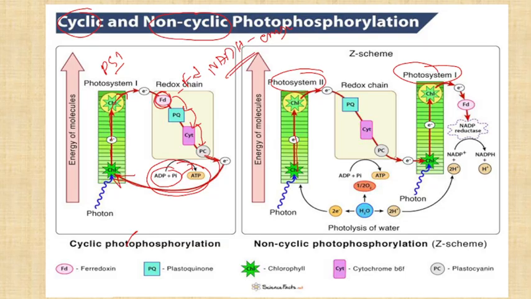When the electron is excited by PS2, it is carried by the plastoquinone molecule, which is the first electron acceptor for PS2, whereas in the case of PS1 it is ferredoxin. Questions have previously been asked from this part: which molecule is the first acceptor molecule for the electron?